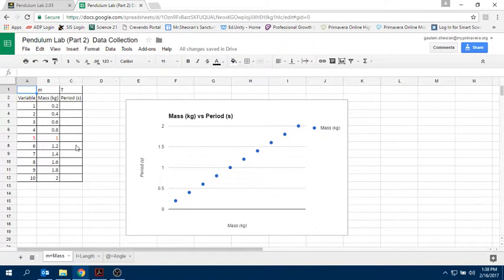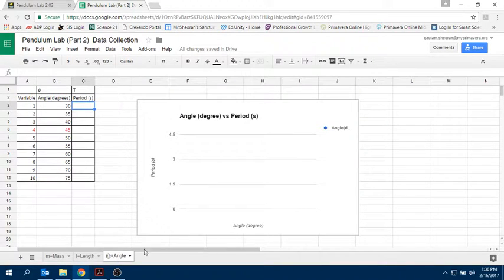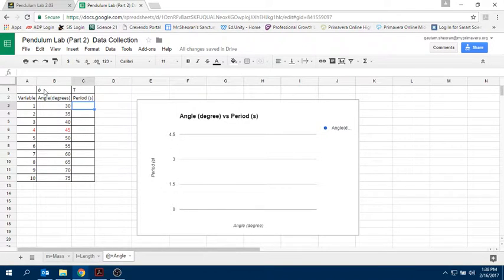For each of the sheets, mass, length, and angle, there is a data table where you'll fill in your data, and a graph. I have already built the graph, so it will automatically put numbers in as you enter them, creating a graph shape.